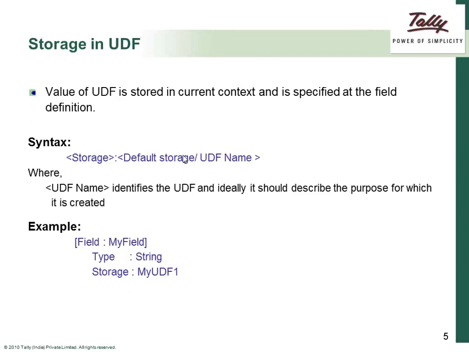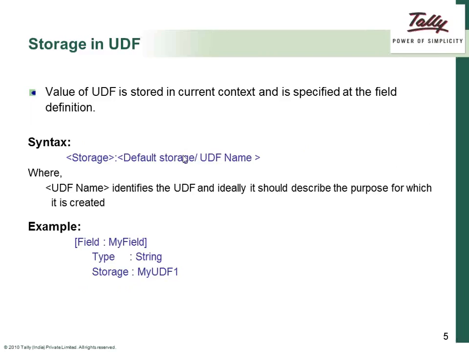But then there's a question. I have stored this UDF. How do I call the value in this UDF? I have pushed my UDF, right? The value gets stored. How do I retrieve a stored value? How did I retrieve the name of the stock item?